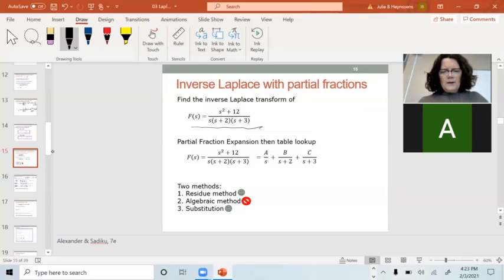The way you do this is a partial fraction expansion. We know this whole fraction, F of s, is going to be some variable, we just call it A, over the first factor, s, B over the second factor, s plus 2, and C over the third factor, s plus 3.